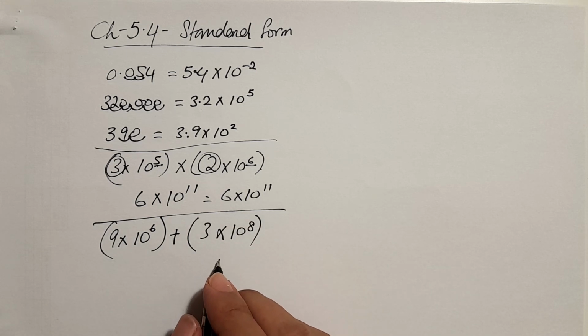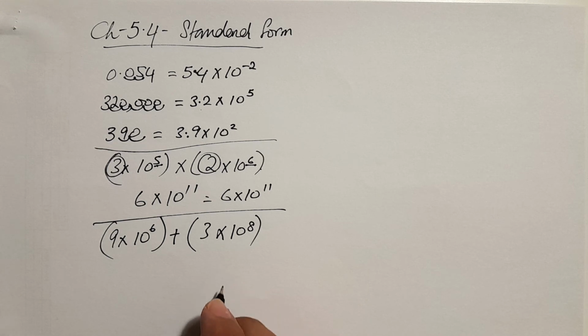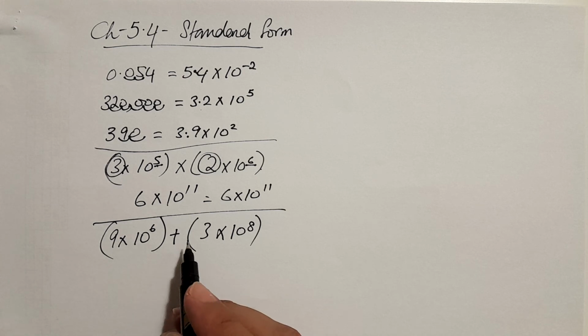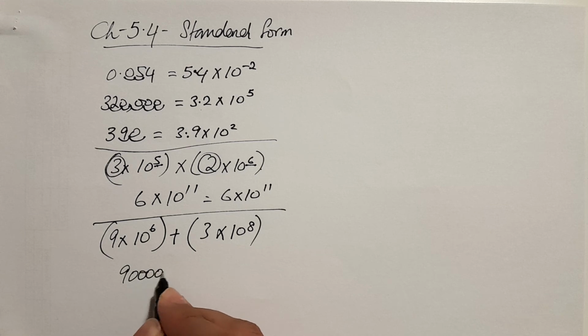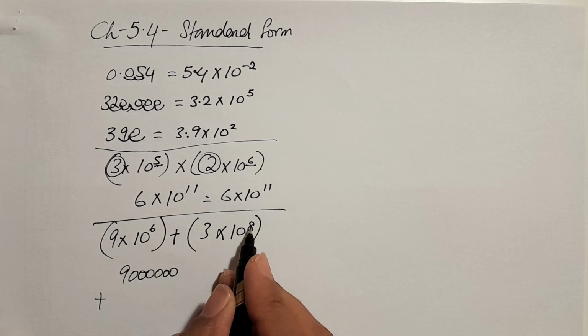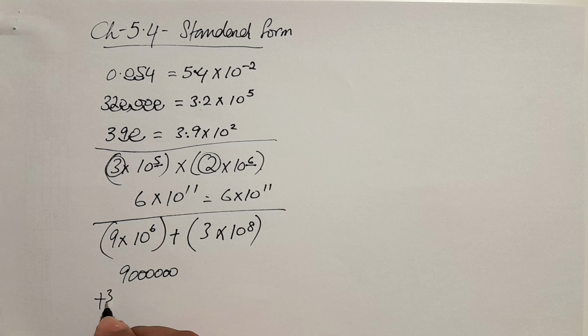So what we will do is expand this, which is 9 multiplied by 10 to the power of 6, and then we will multiply 3 by 10 to the power of 8.